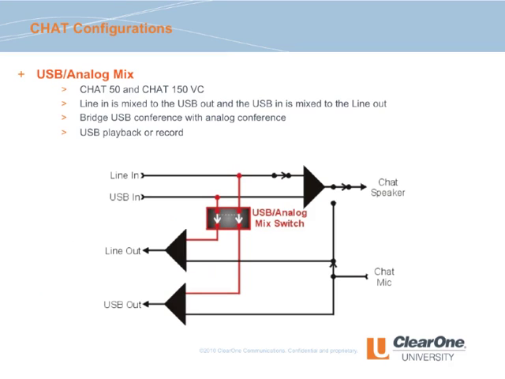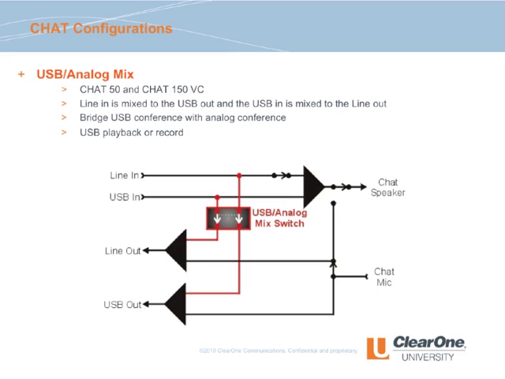The Chat50 and 150 VC have a USB analog mix option that allows for simple ad hoc bridging between a USB connection, such as a Skype call, and an analog connection, such as a video conferencing call. Another application is for program audio playback via the USB while in a video conference call and/or USB audio recording of a video conference call.